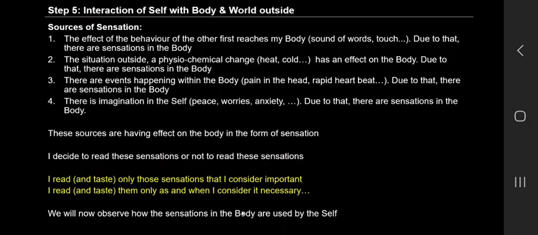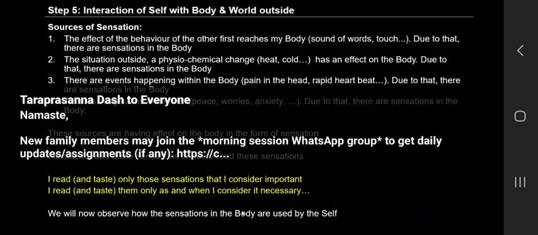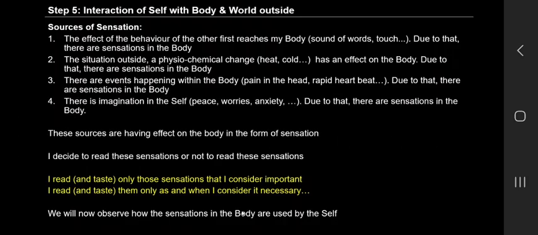Suppose light reflects from that image, it comes to your eyes, and it forms an image because of this light. It means there is a sensation in the eye, and that I read it. Once I read it, now I give meaning according to my sanskar. Right, Didi? Yes, Bhaiya.